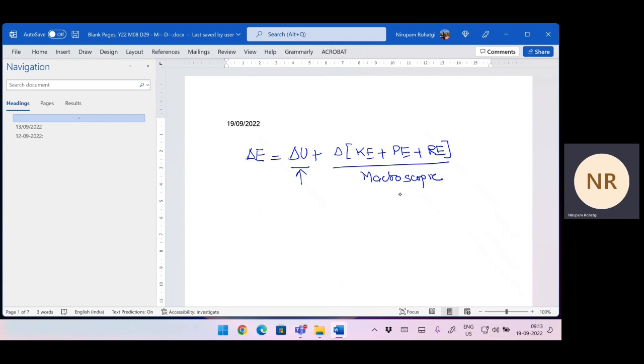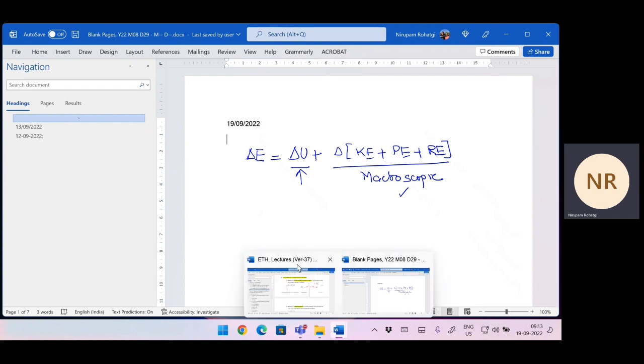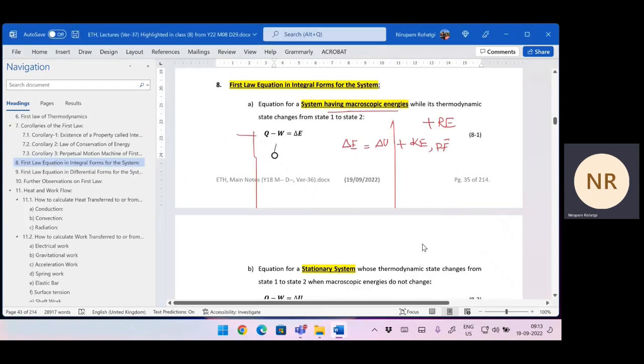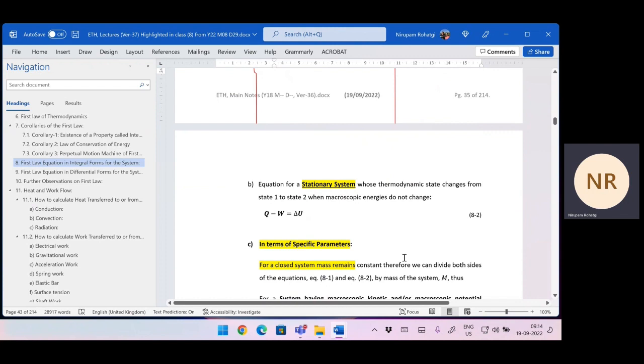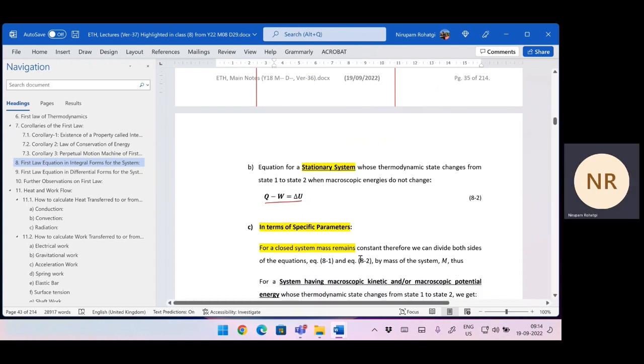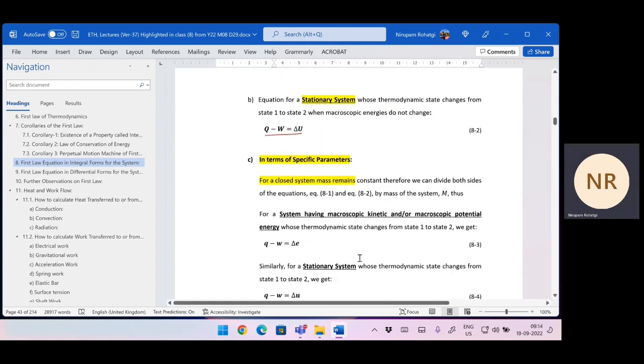So if these energies are into play, our equation gets modified and our equation is Q minus W is equal to delta E. Okay. And if our system is stationary, then the same equation can be written like this. Now, if you want to write in specific parameter, that means you can divide both sides by mass.